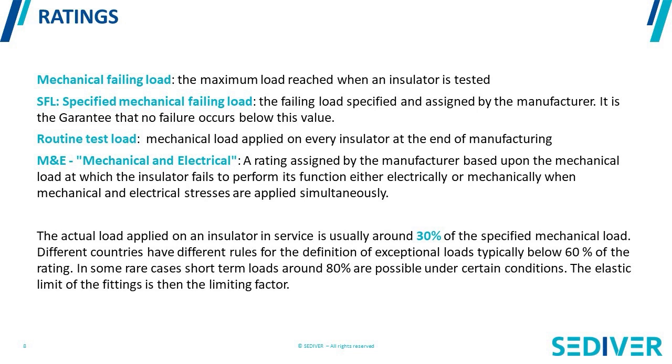And these are safety factors which are integrated in the design of a power line. So when you test in your factory every insulator with the routine test load at 50% of the rating, you know that your insulator is going to be good for service conditions, and you would not expect anything else to happen.